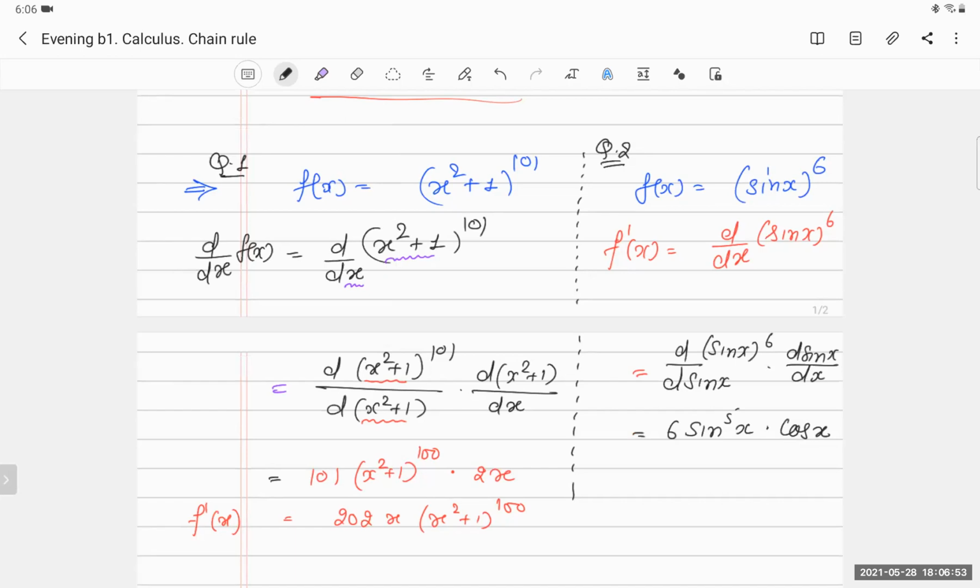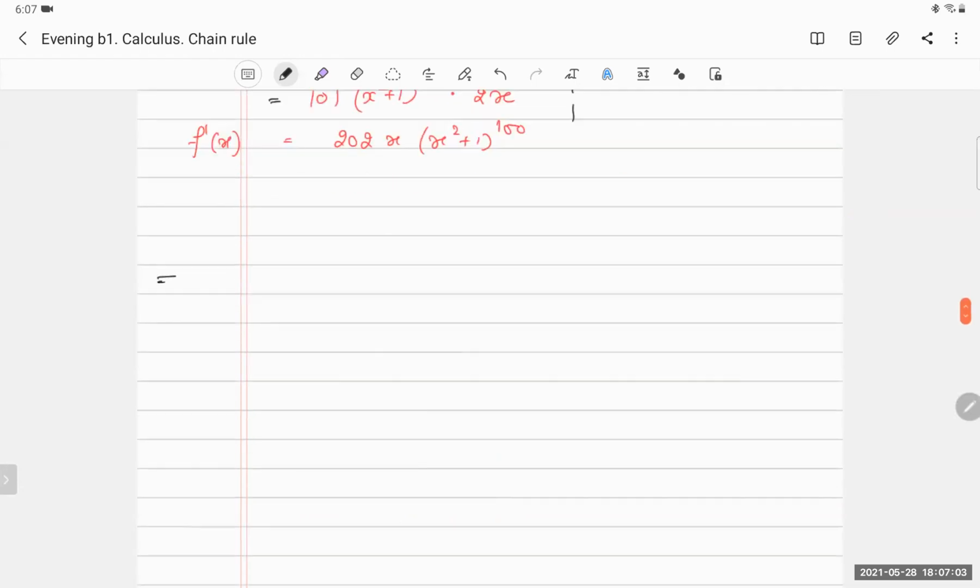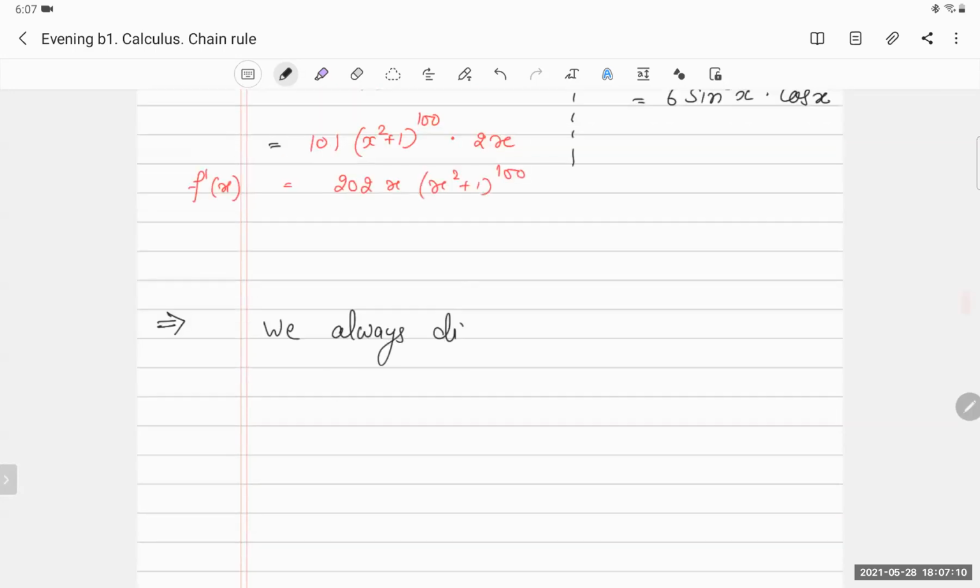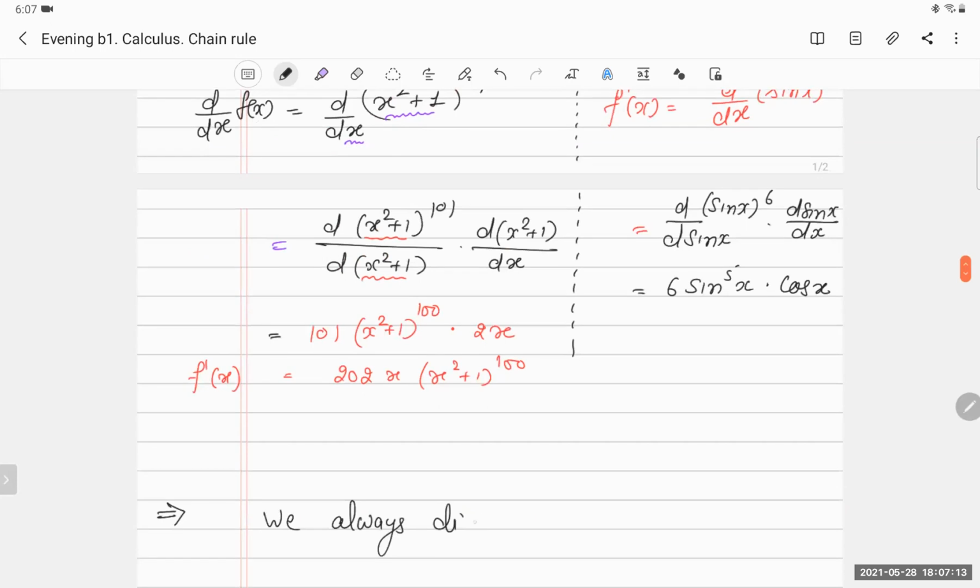Now I will tell you a very easy method, by which you can solve any differentiation easily. You remember one thing. Sir, can you scroll a little up? Yeah. We always differentiate the function.